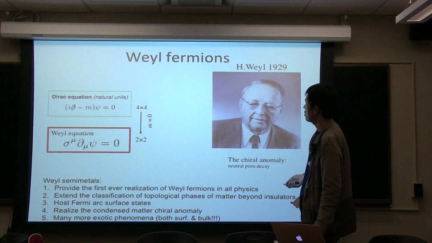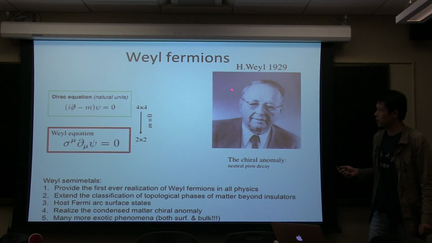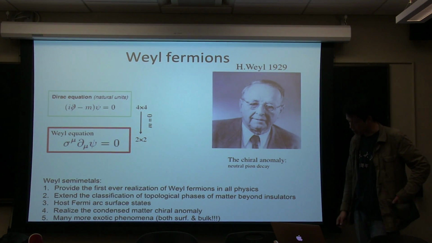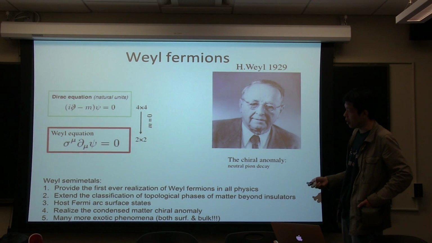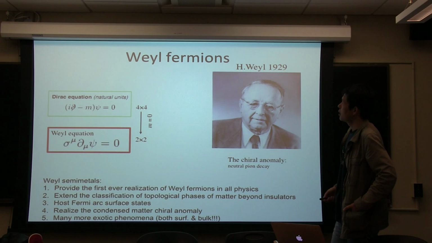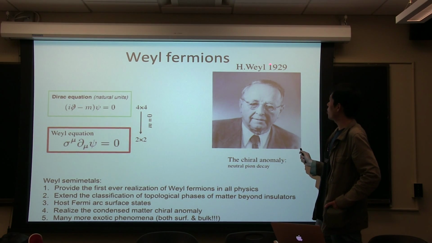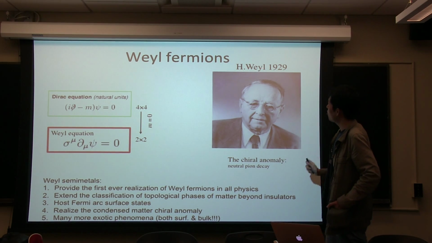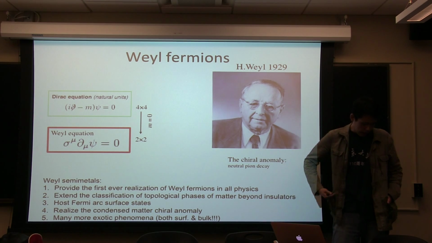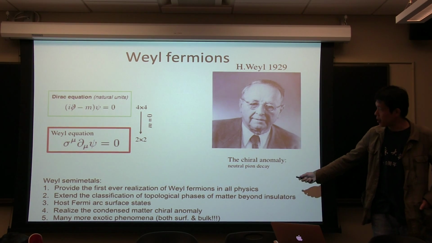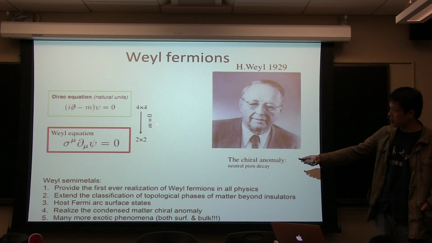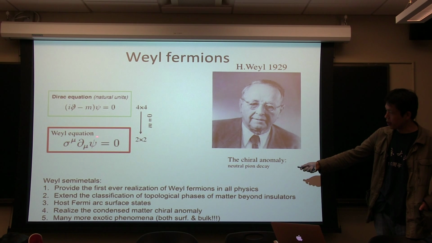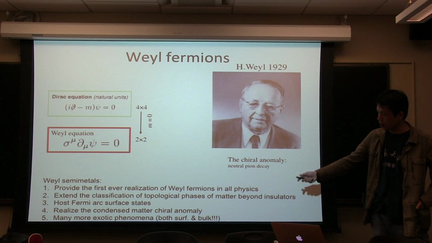It turns out that the answer is the so-called Weyl semimetal, where the quasi-particle excitations of the bulk obey the Weyl equation. Weyl fermions were proposed by Hermann Weyl in 1929, and what he discovered is that if you take the 4x4 Dirac equation and take the mass term to 0, it reduces to a 2x2 equation, which is what we now call the Weyl equation.